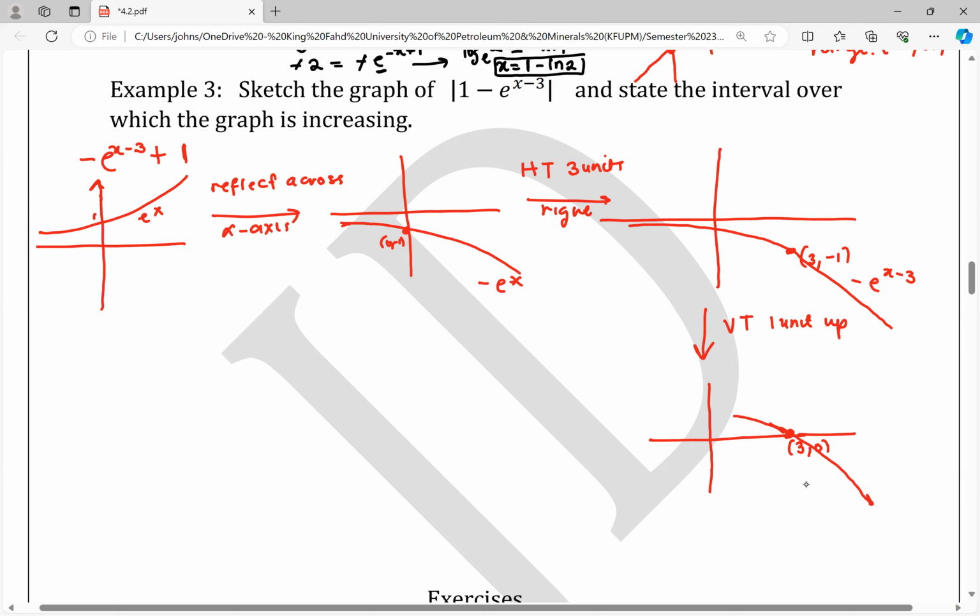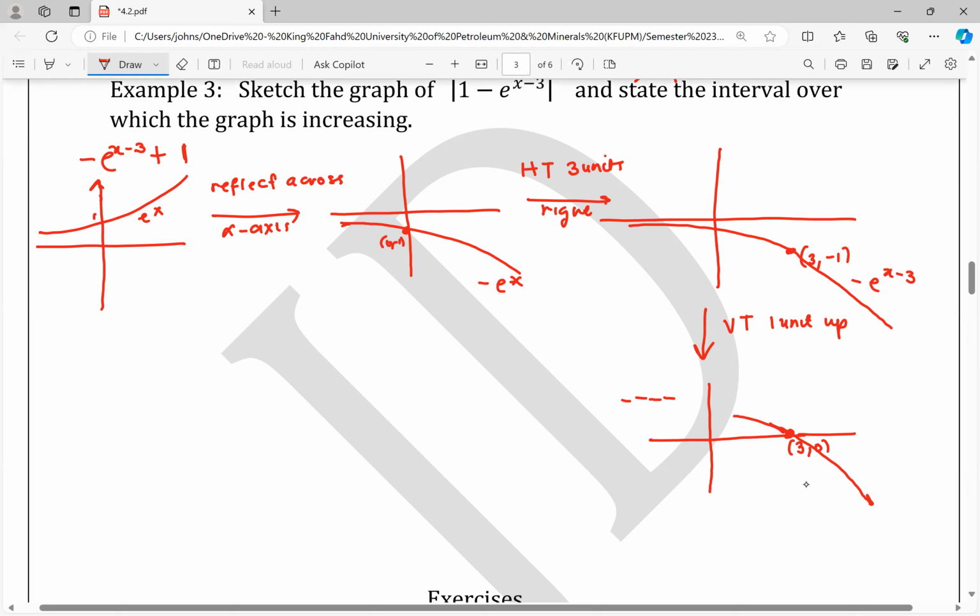But what is the horizontal asymptote? Since you are moving 1 unit up, our horizontal asymptote is cutting at 3, 0. So it means you will have a horizontal asymptote at y equals 1. So this is what we have here.